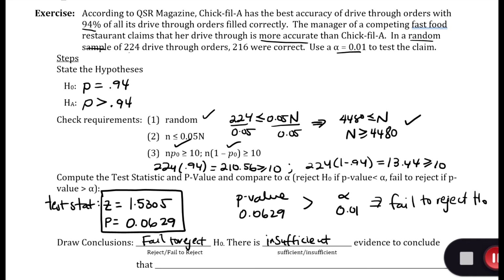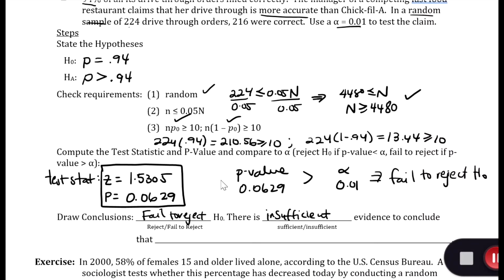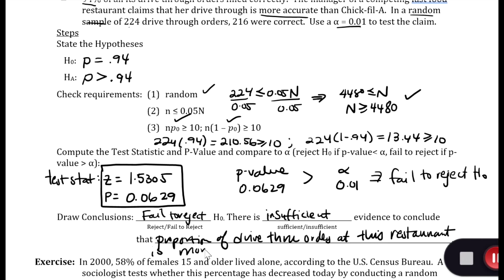So I'm going to give us a little more space. Okay, and there is insufficient evidence to conclude that the proportion of drive-through orders at this restaurant is more accurate than Chick-fil-A.